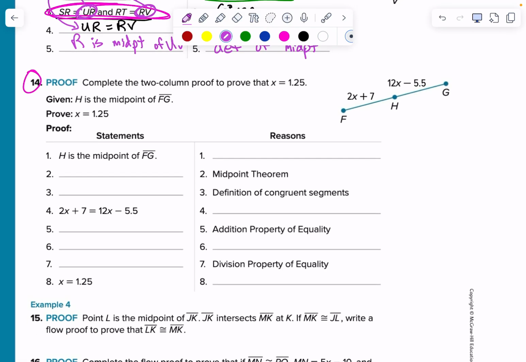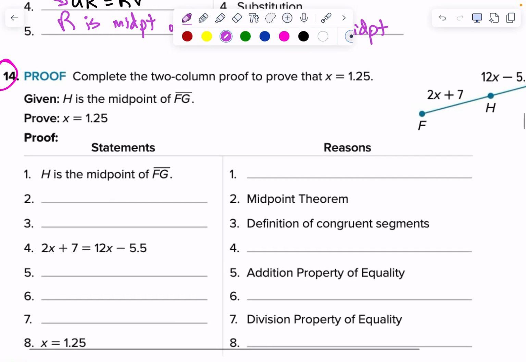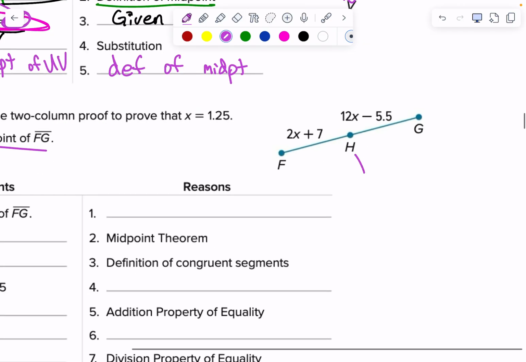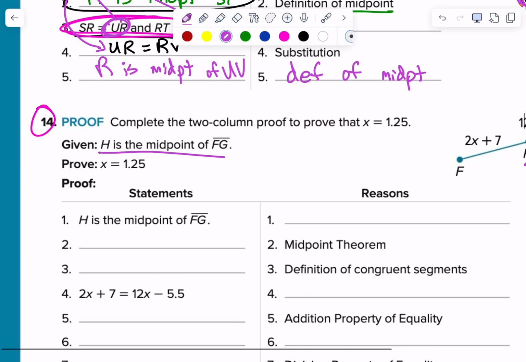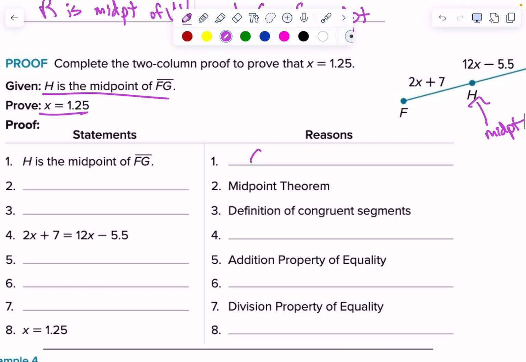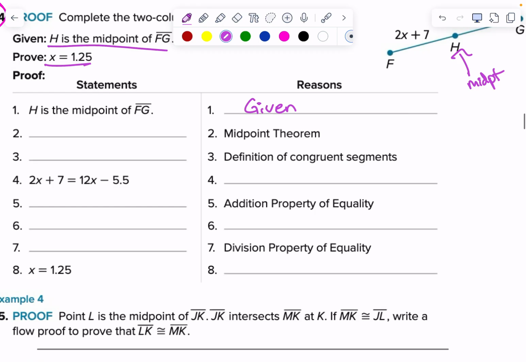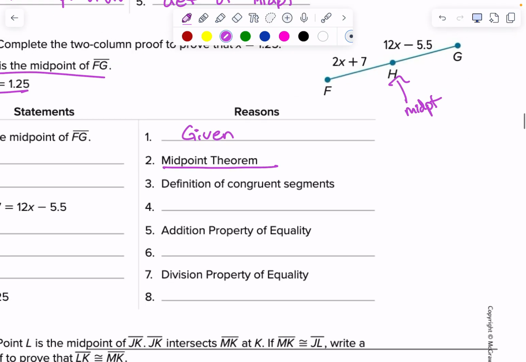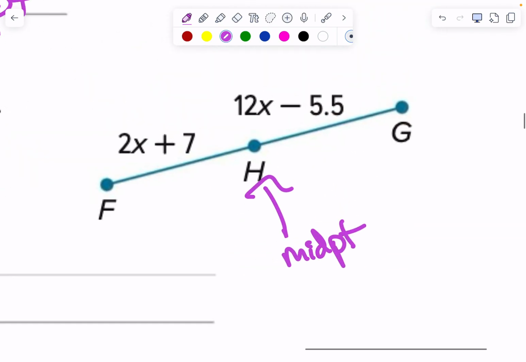Number 14. Here we go. We have that H is the midpoint right here, and we are trying to prove that X equals this. So the first one is Given. You should never miss that. You should at least get 1 point. Then by the midpoint theorem, everybody look at the midpoint theorem on your pink sheet. If H is the middle, what does the midpoint theorem say?